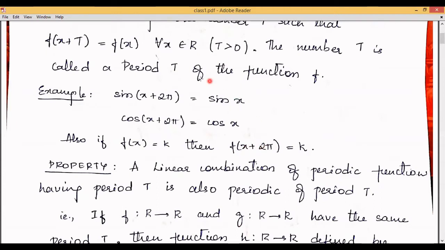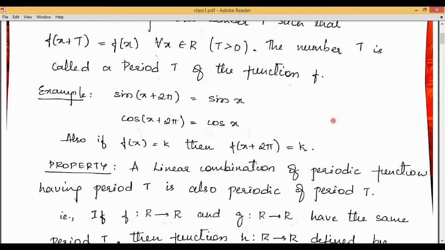When you talk about the graph of a periodic function, consider sine x. For sine x, there is a sinusoidal wave. It starts from 0, and there will be one upward curve and one downward curve. Again, that curve repeats after a certain interval, and that interval here is 2 pi.